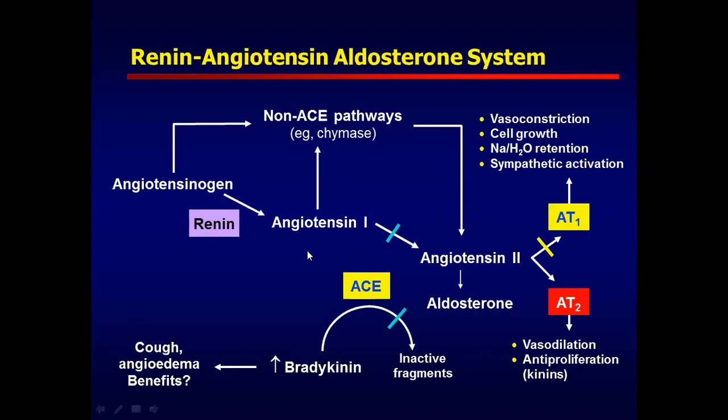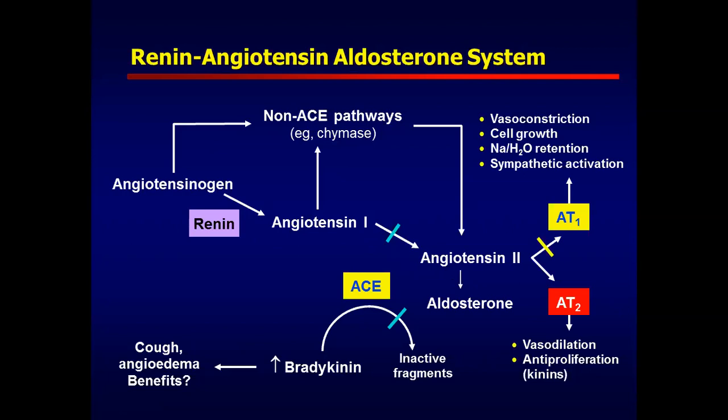The other drawback of ACE inhibition is that what's called the non-ACE pathway might be activated. In order to activate the system, you need a proteolytic enzyme that cleaves angiotensin 1 into angiotensin 2, which can be afforded by the circulation from the non-ACE pathway by other proteolytic enzymes like chymases, cathepsins, and so on.